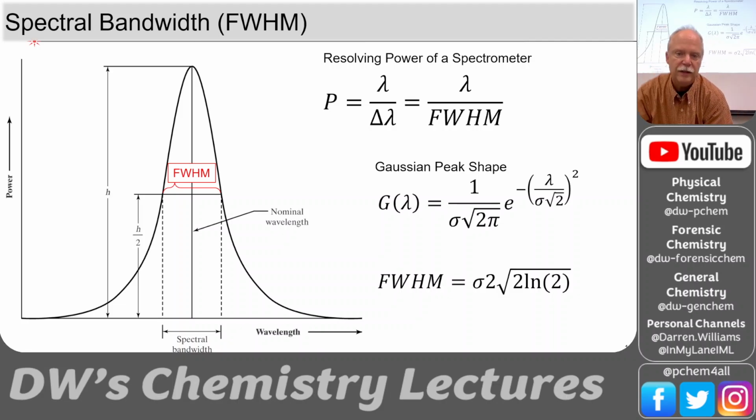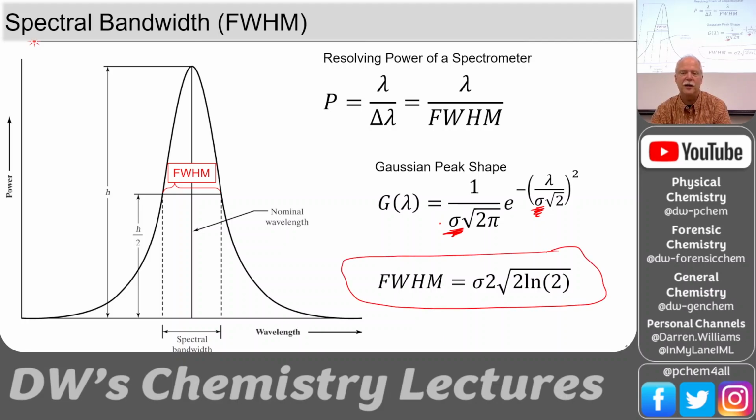And so we typically think of Gaussian peak shapes. And so this is, Gaussian peak shapes, we use sigma to determine the width of those Gaussians, but sigma is not the full width at half maximum. This is the relationship. And if you're a math person, this is a fun derivation. So you can go from this Gaussian equation and see where I got this. And you'll get a sticker if you do that. Okay.